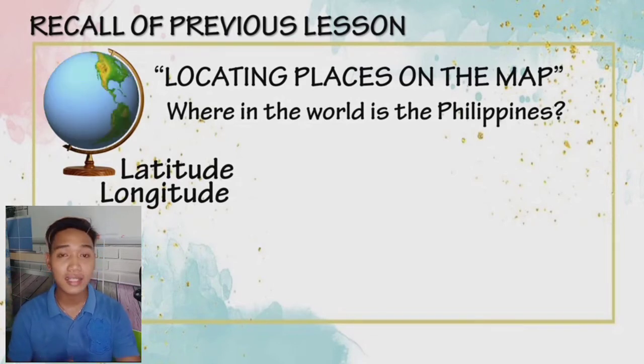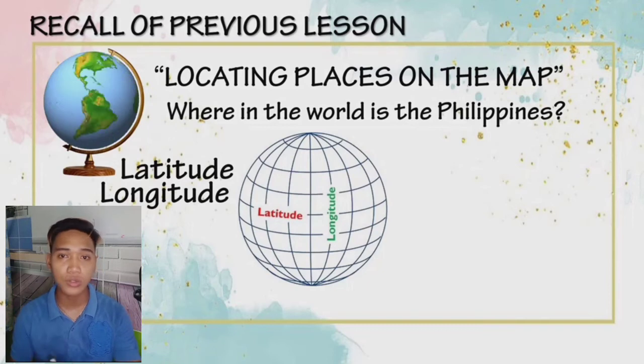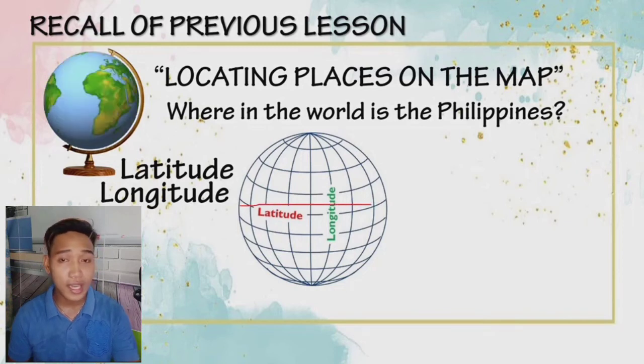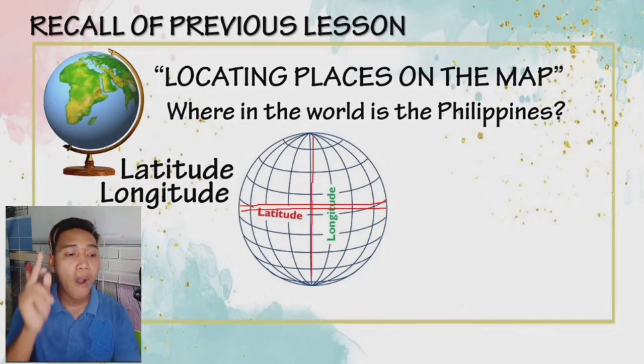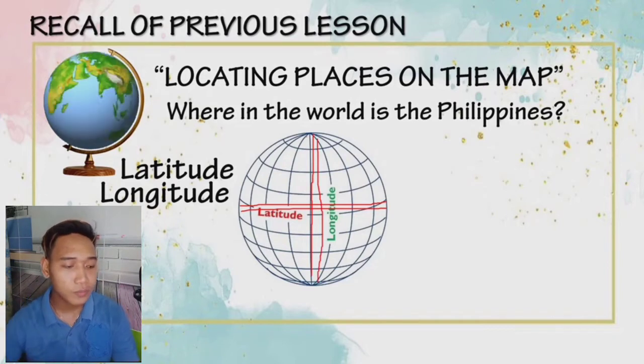So these lines are imaginary lines because we cannot see them. Remember that the lines of longitude circle the Earth from north to south, and the lines of latitude circle the Earth from east to west.